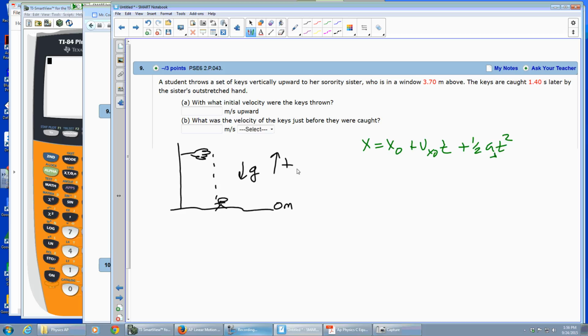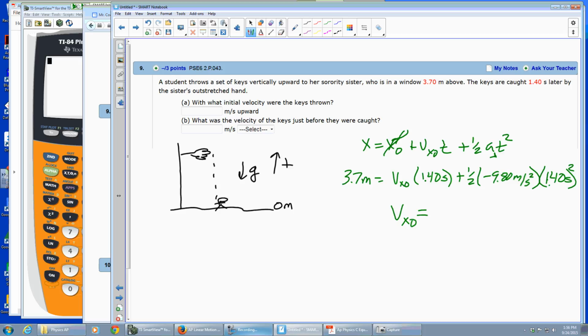I know they end up at 3.7 meters. Starting x is 0, because they start at the ground. I don't know vx naught. I know my t, 1.40 seconds, plus 1/2 times my acceleration, negative 9.80 meters per second squared, and my t, 1.40 seconds, squared. And I get a vx naught, or vy naught, if you want to call it that.